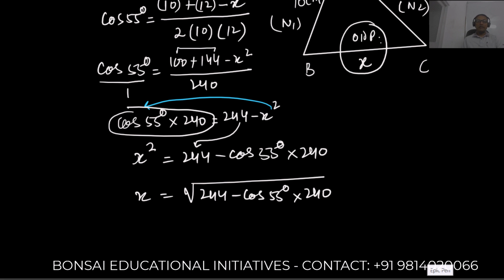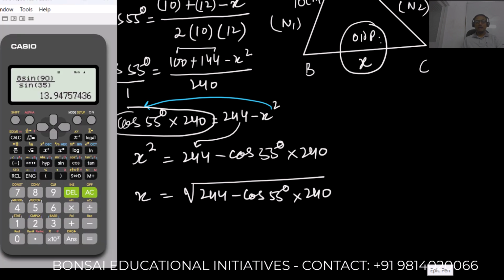So we have this calculation, and let's bring our calculator. So we need to calculate under root of 244 minus cos 55 bracket close times 240. This calculator automatically uses the BODMAS rule, so do not worry about it.